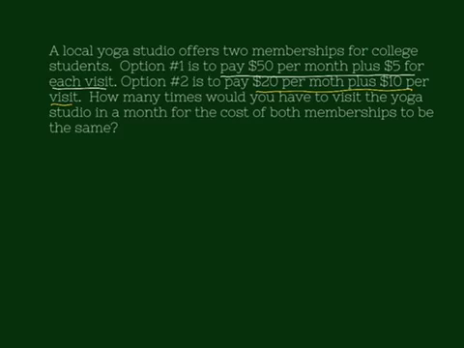So what these two statements are giving us is the cost. So the cost for option 1 is to pay $50 every month plus $5 per visit. So I'm going to say V is equal to the number of visits.